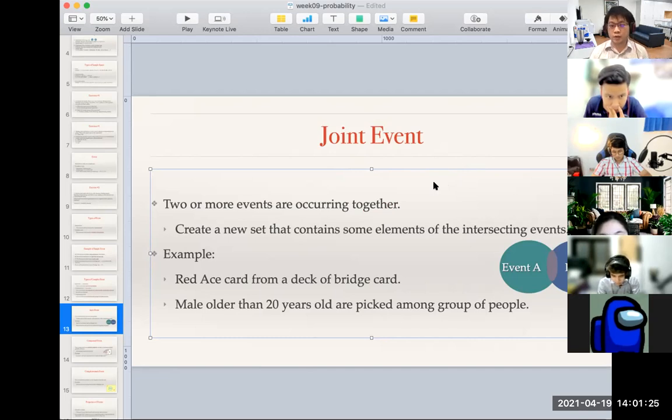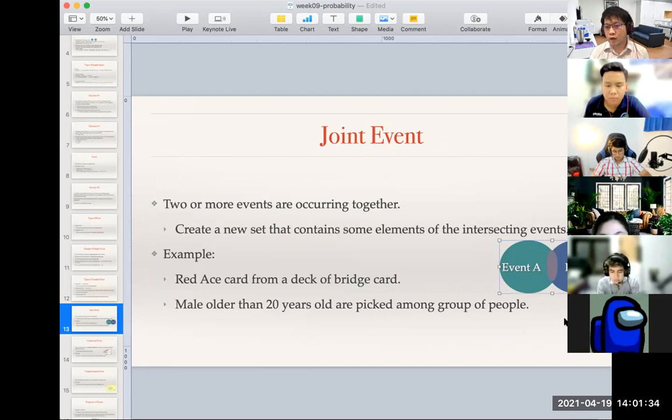Let's say you have two events here, event A and event B. When you join these two events together, you will create one new group. The purple color here, the group that comes from the intersection of these two events, is the new group. This is called the intersection of event A and event B.